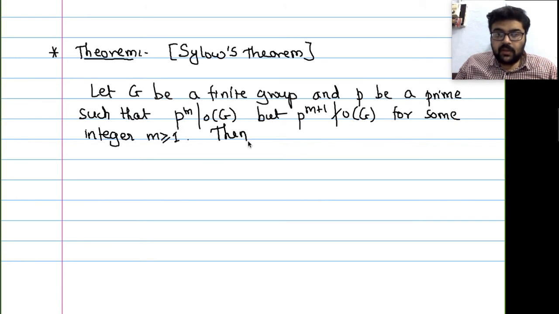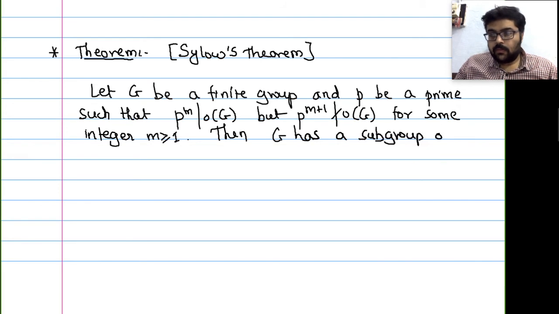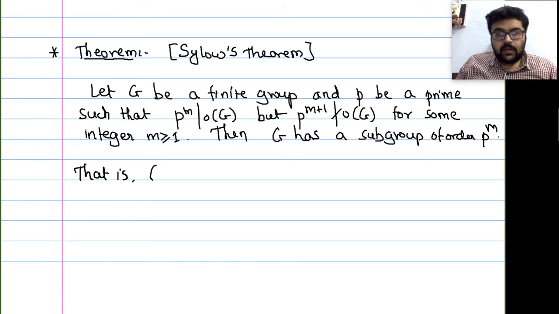Then G has a subgroup of order p^m. That is, G has a p-Sylow subgroup.